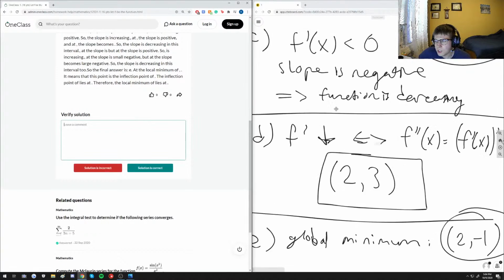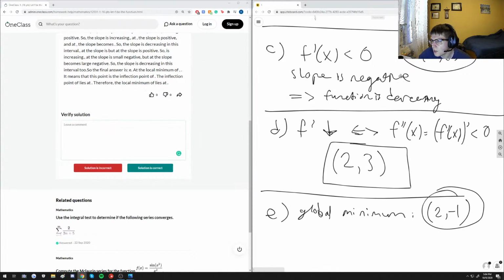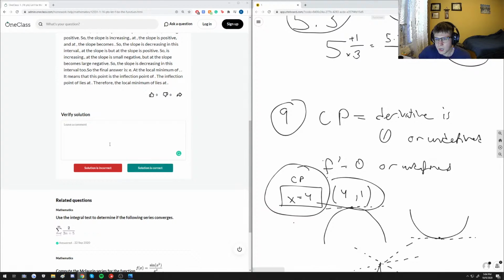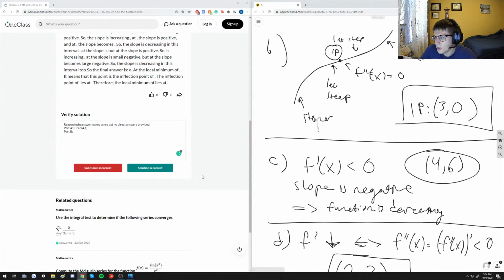And then I'm just going to write some notes here because there wasn't actually an answer given. So I'm going to write: reasoning and answer makes sense, but no direct answers provided. So we're going to have part A, CP at (4, 1). Part B, we're going to have our IP at (3, 0).